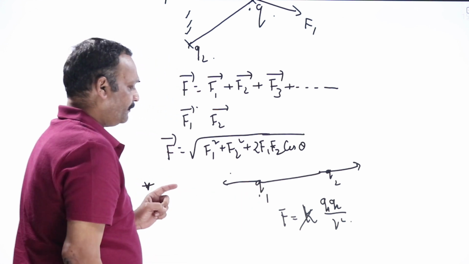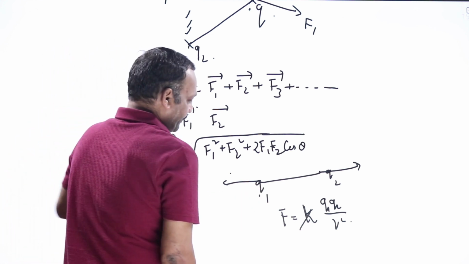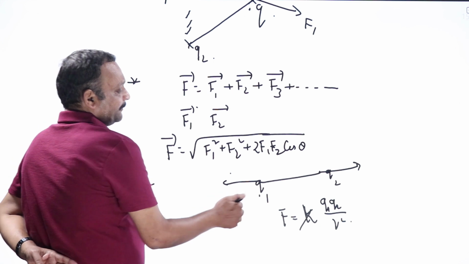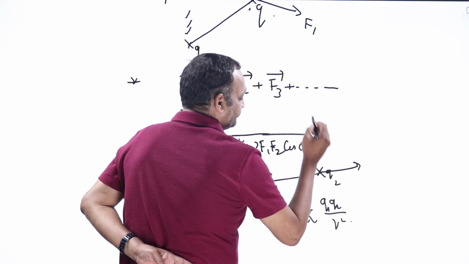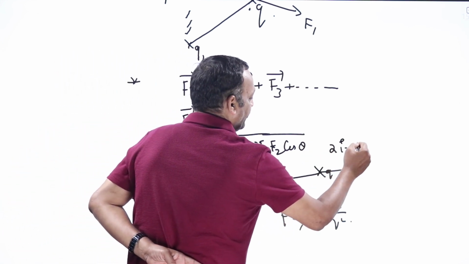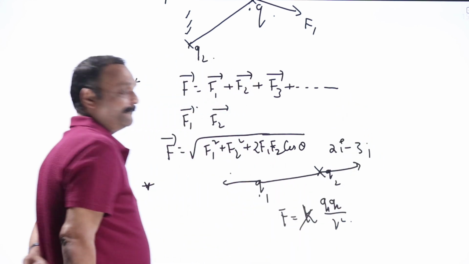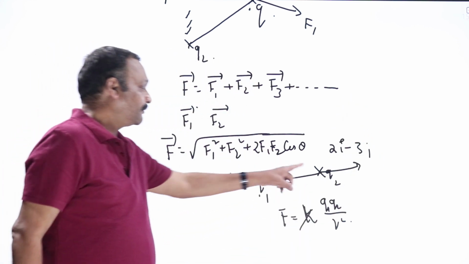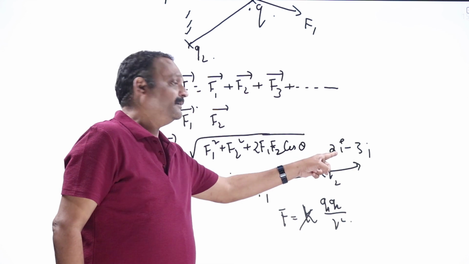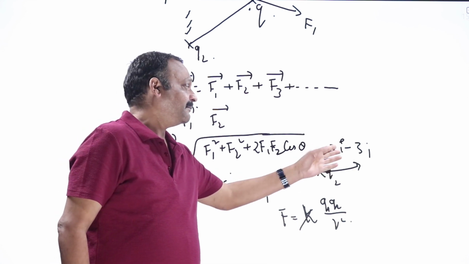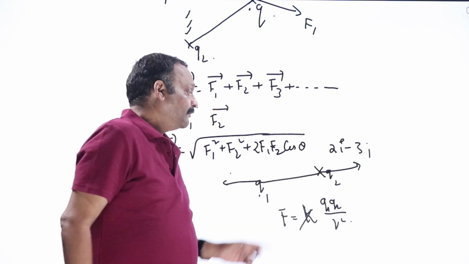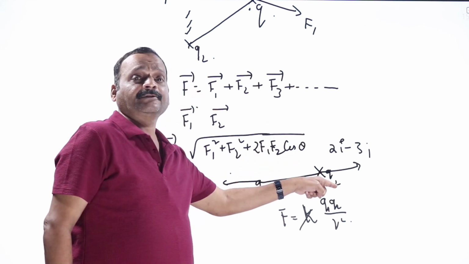Now, suppose the force on q2 due to q1 is 2i minus 3j in vector notation. What is the force on q1 due to q2?